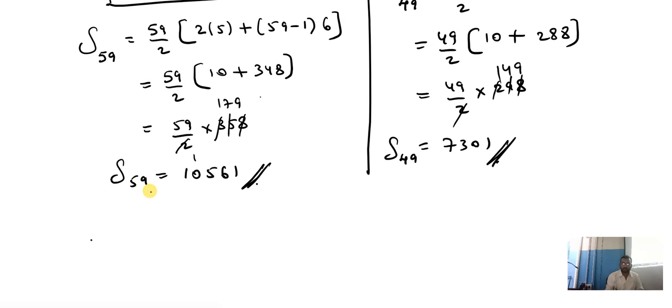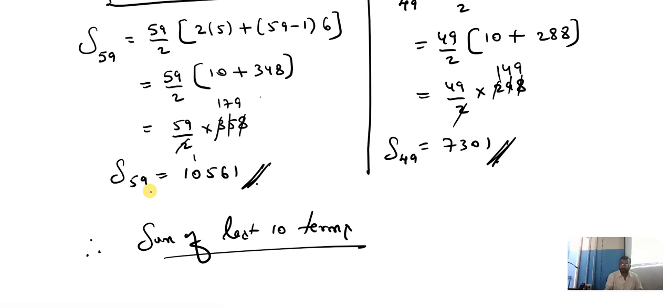Now we have to find, therefore, the sum of last 10 terms. That's nothing but S59 minus S49 is the sum of the last 10 terms. Correct now?